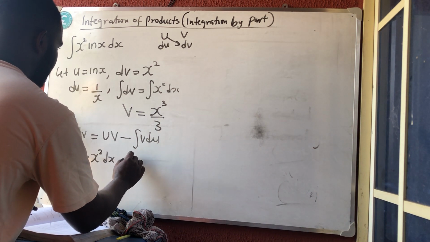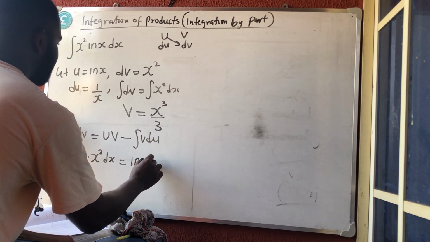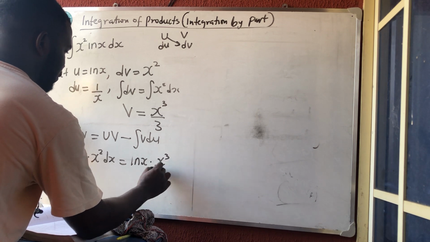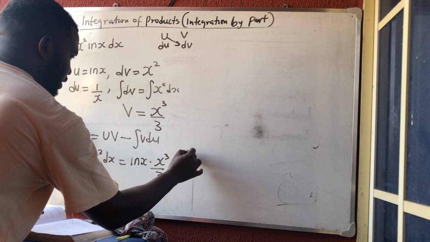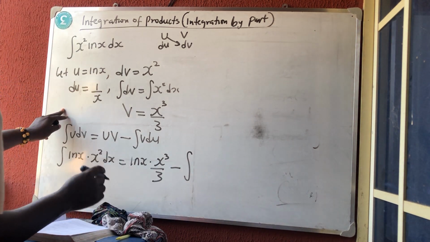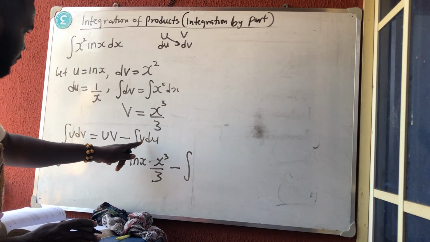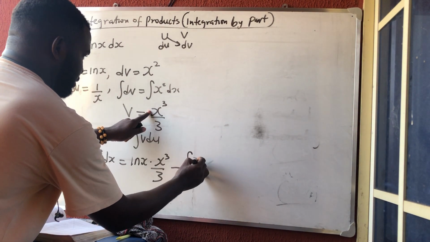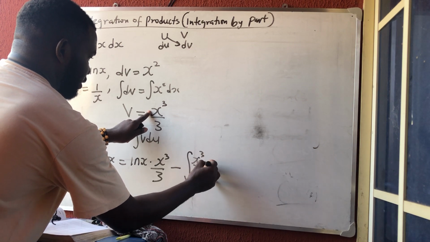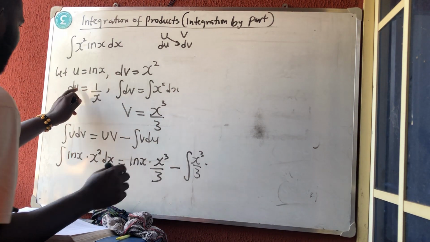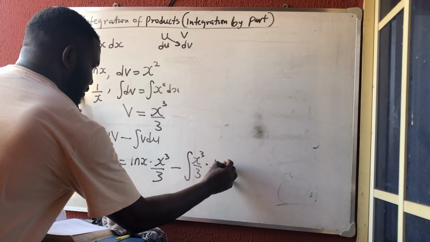uv is what? ln x times x raised to power 3 over 3, minus the integral of now v du. My v is x raised to power 3 over 3 times du. My du is 1 over x, then dx.